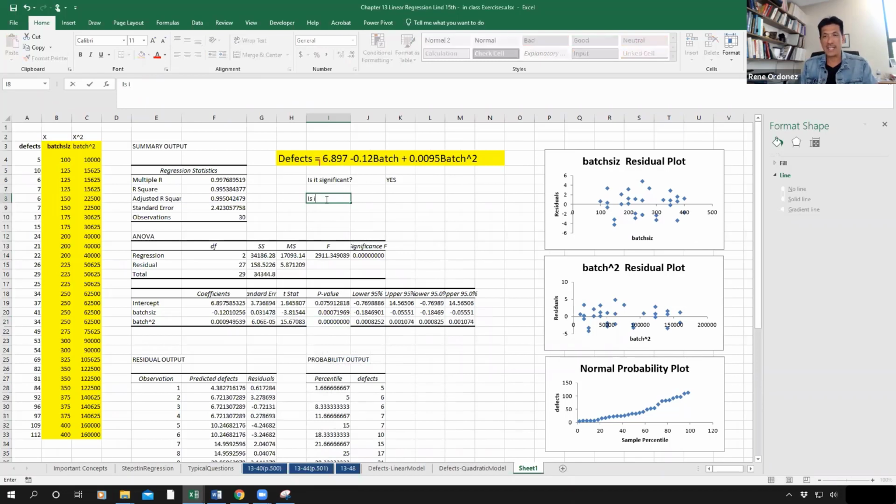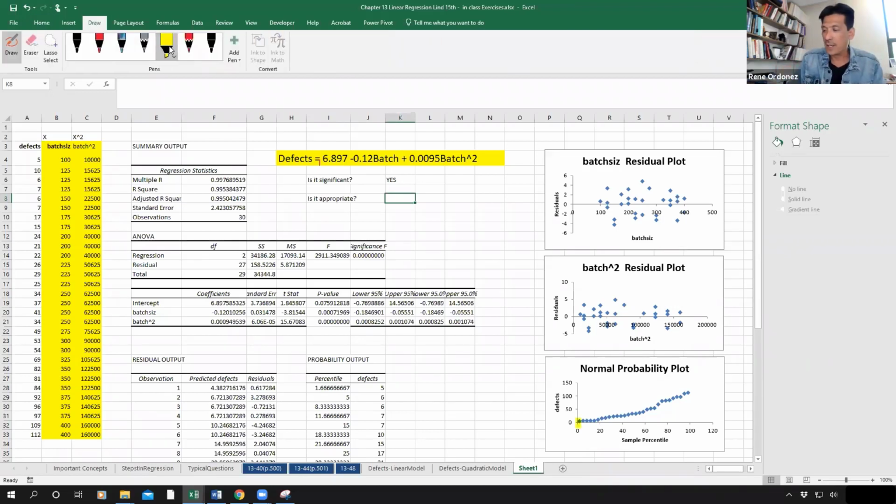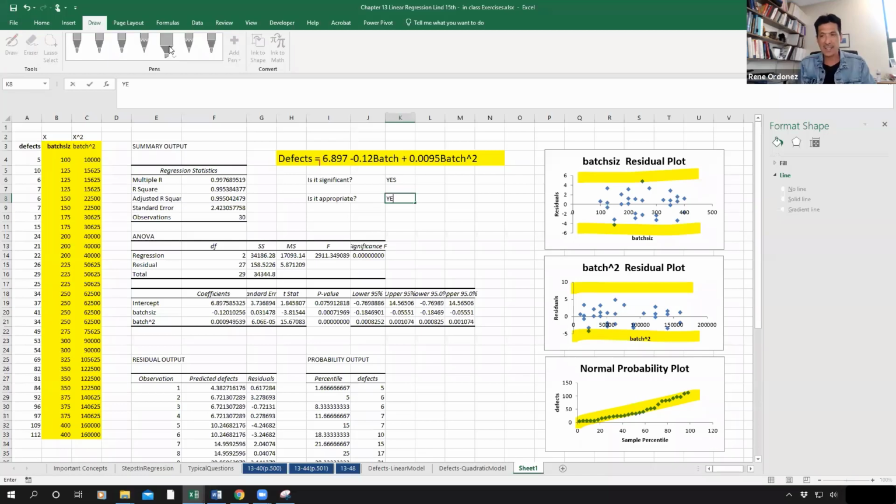Next question. Is it appropriate? Answer? Well, let's look at the residual plots. Fairly straight line. You don't see any pattern. Okay. So based on these plots, we will say that the quadratic model is appropriate.